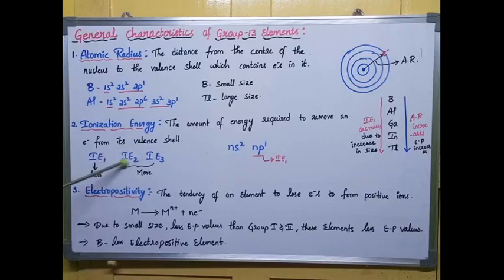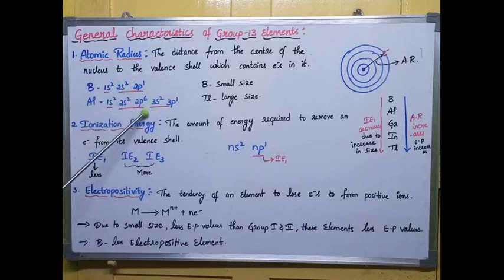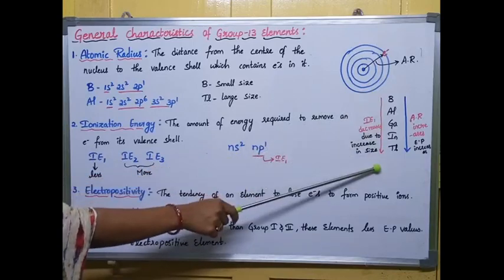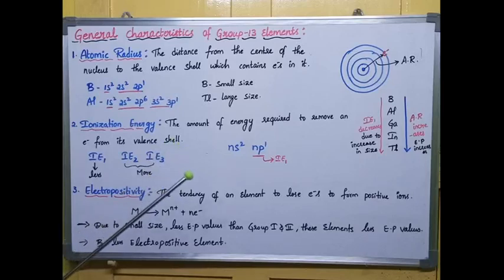IE1 involves an unpaired electron that we can simply remove, but from IE2 onwards the paired electrons are nearer to the nucleus and we need to break the forces between them. That is why IE2 and IE3 values are more. Remember, IE1 values decrease from top to bottom, compared to group 1 and group 2 elements.